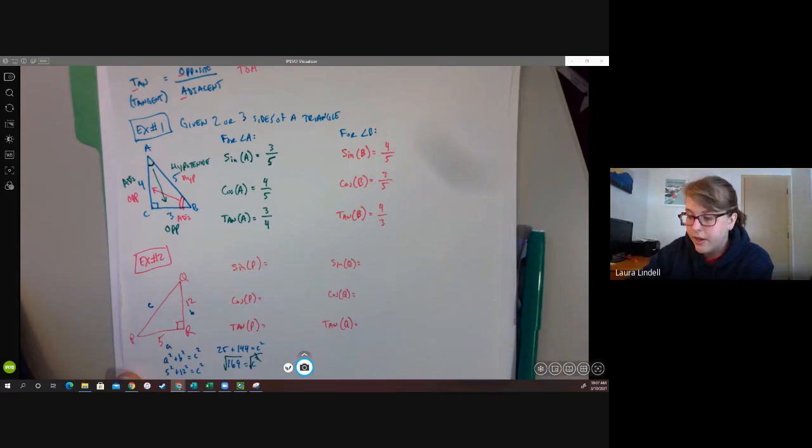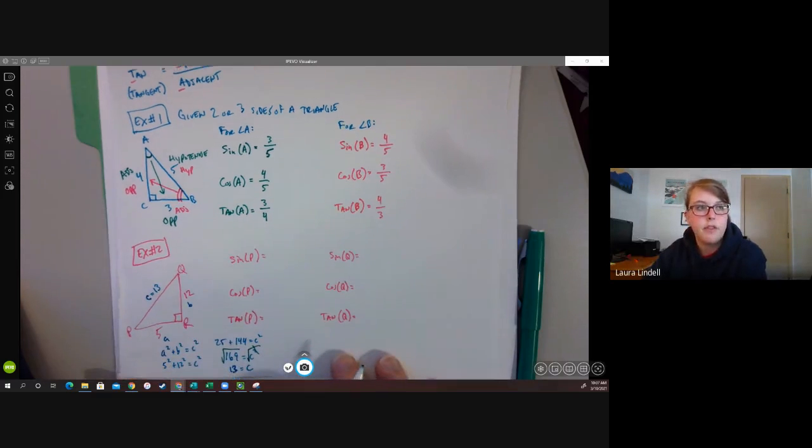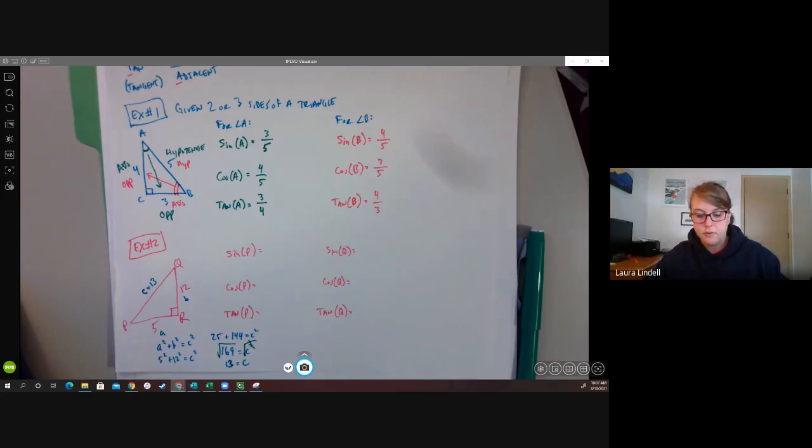And it turns out that 13 is my missing side length C. So now that I know that, now we're in business. We can do the sine, cosine, and tangent for angles P and Q.